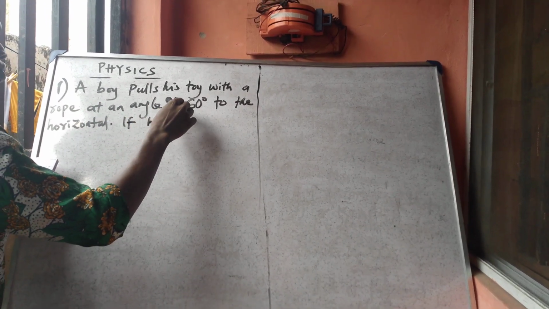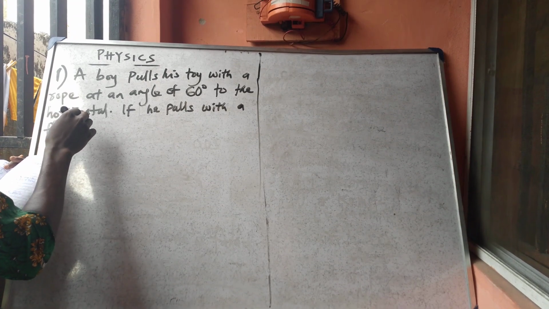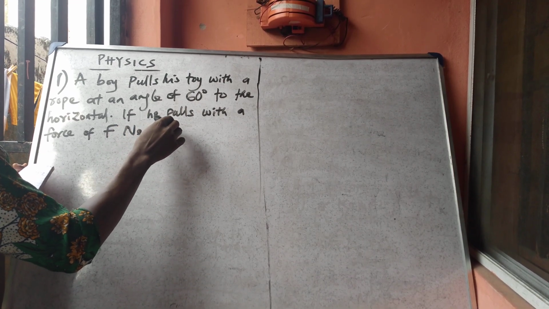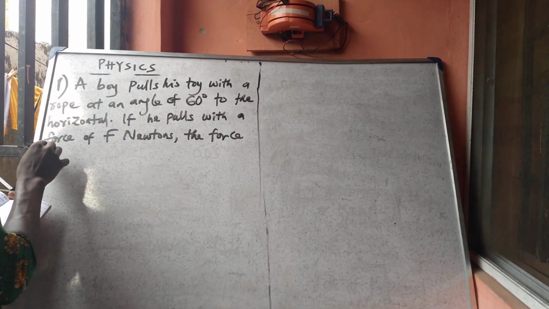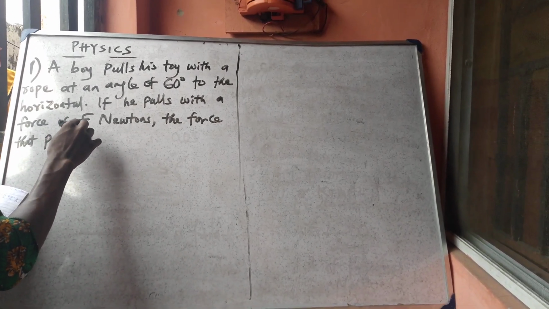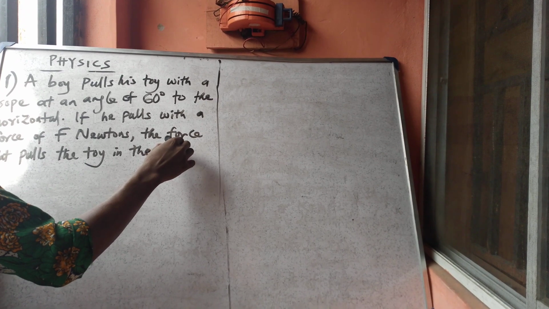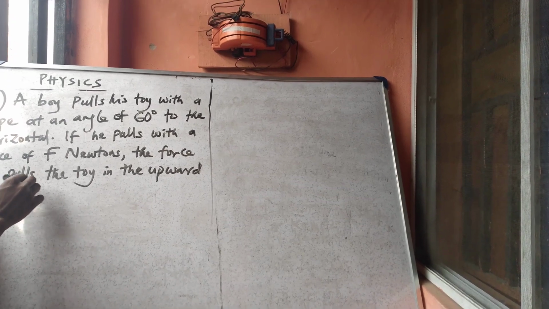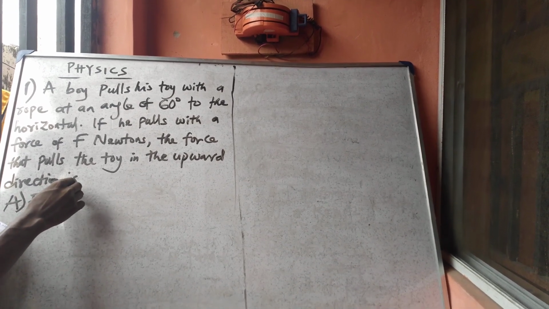If he pulls with a force of F newtons, the force that pulls the toy in the upward direction is option A, you have F cos 60 degrees.